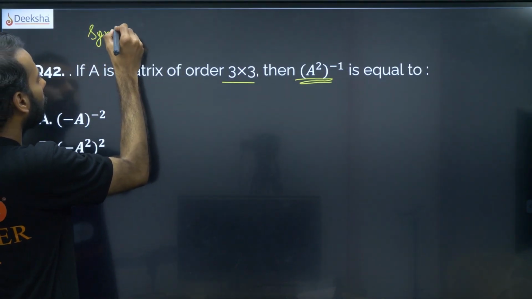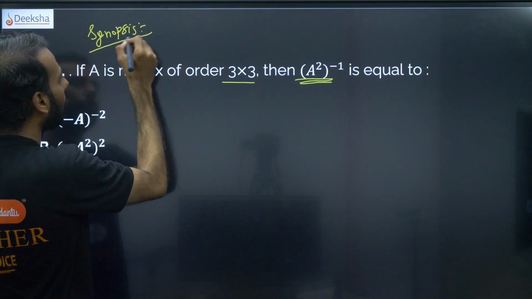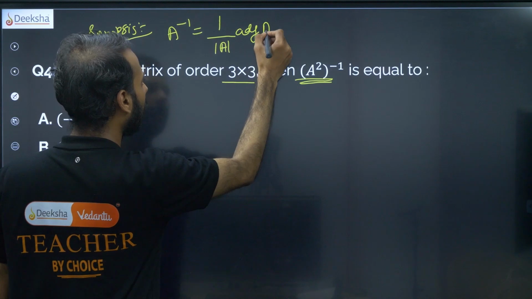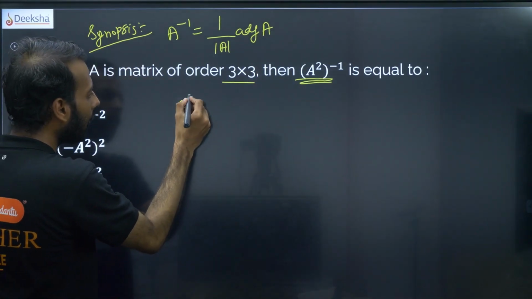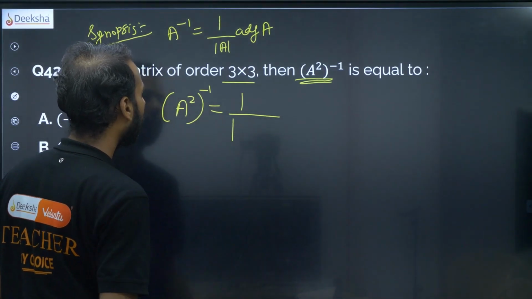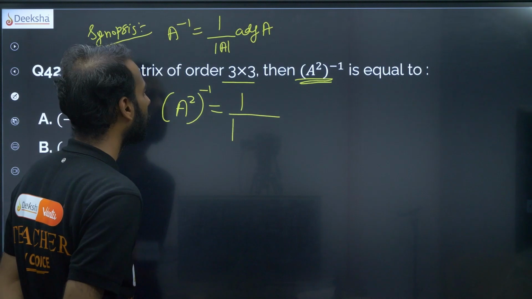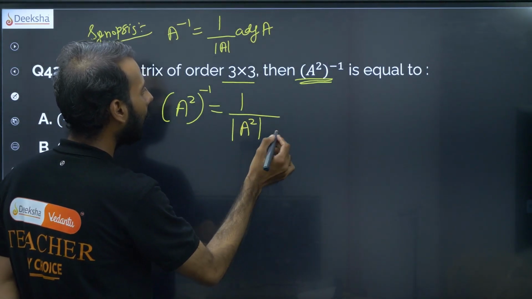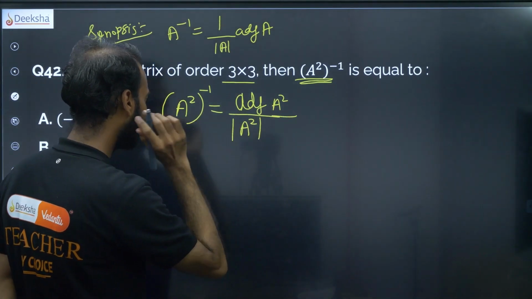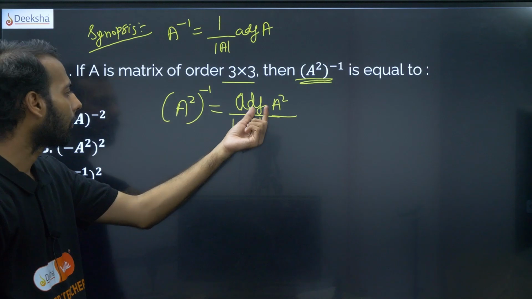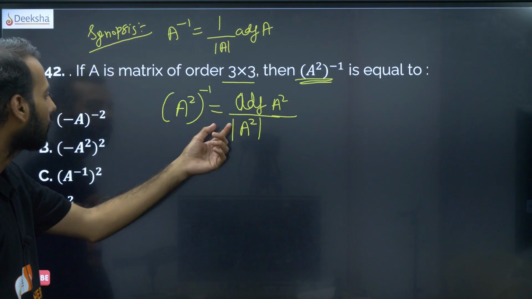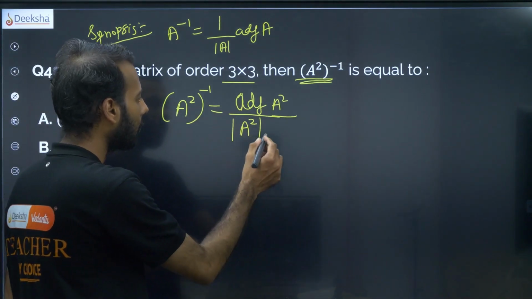The synopsis point: A inverse is 1 by det A times adjoint of A. So A square inverse will be equal to 1 by det A square times adjoint of A square. Now A square inverse is adjoint of A square by determinant of A square. Such an option is not available directly.